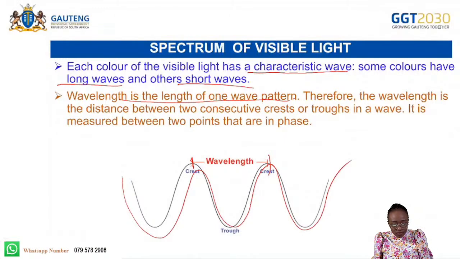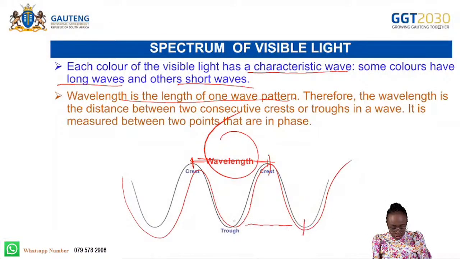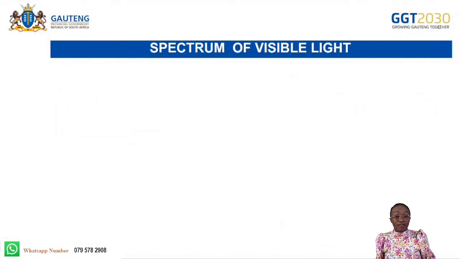Two consecutive crests, the distance between these two is the wavelength, as well as two consecutive troughs. The distance between these two is also wavelength, and it is measured between 2 points that are in phase.